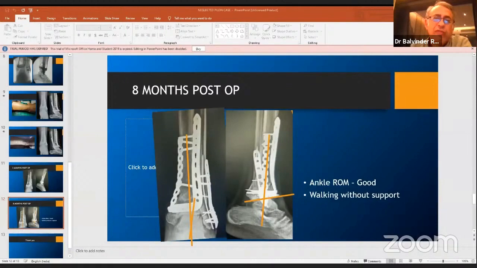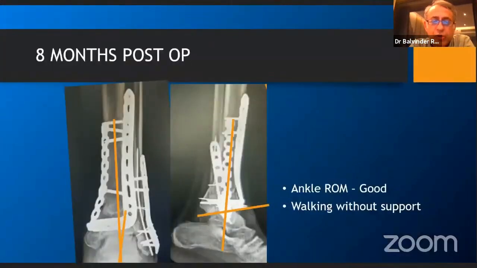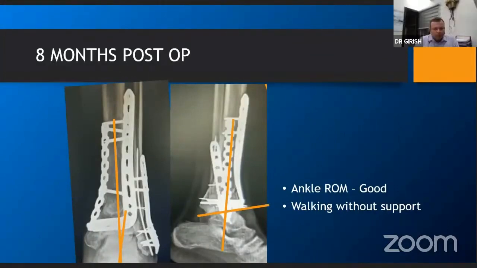But in Pilon fractures, I don't think there is a hard and fast rule which states that beyond a certain period of time, you cannot do the reconstruction. But speaking about intra-articular fractures overall, if a joint has not been reduced for more than 6 weeks, the articular surface is already gone.